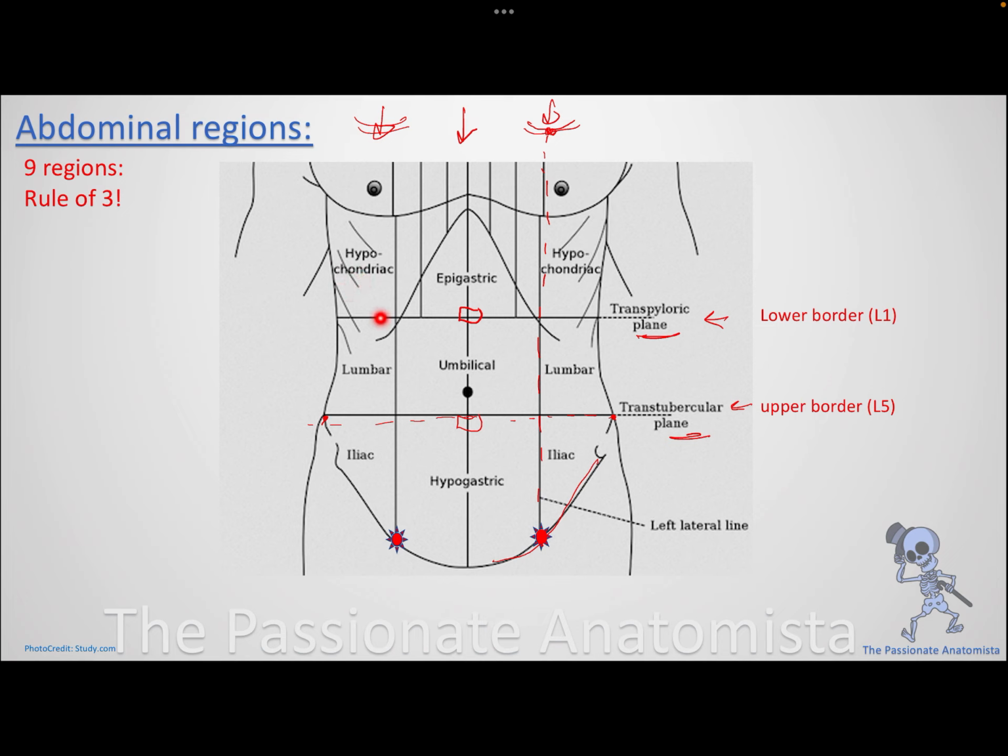That's why we call it the hypochondriac region, because this is below the costal margin, related to the thoracic cage. All right, and then this is lumbar, because this part in Latin means lumbar, and this is the iliac region, right and left. So these are the lateral regions. You have them on the right and on the left.